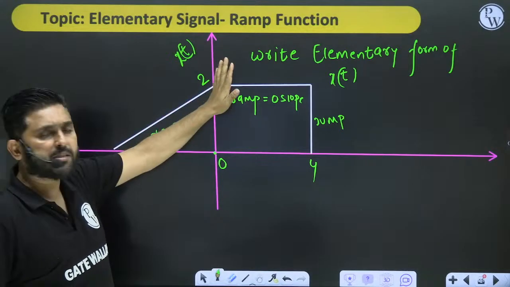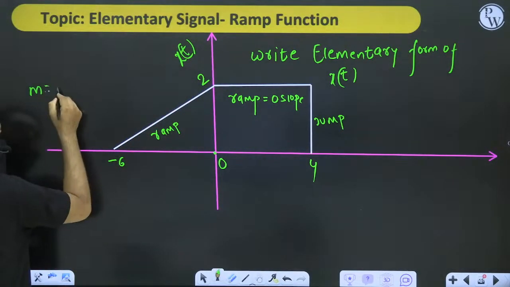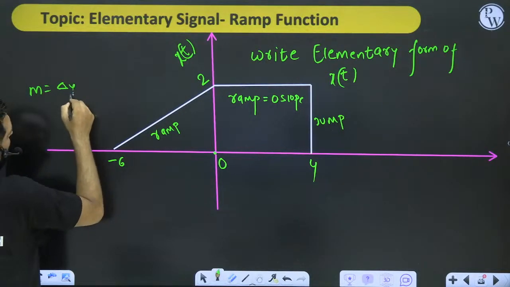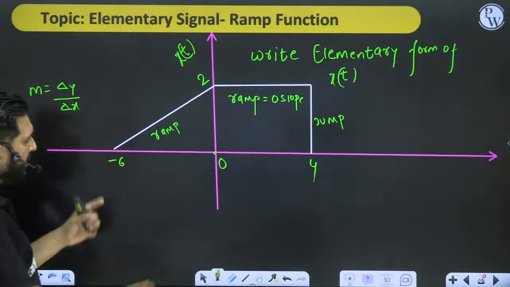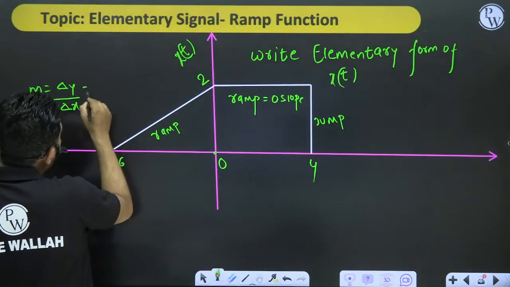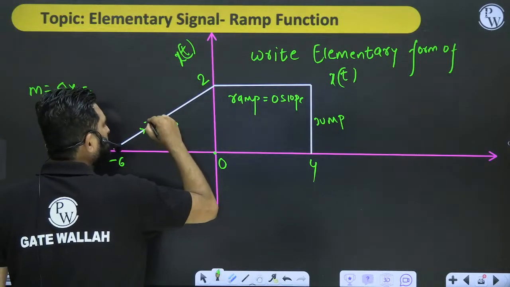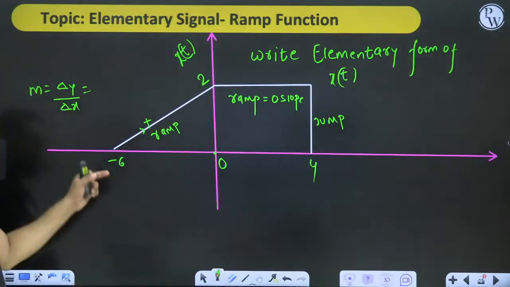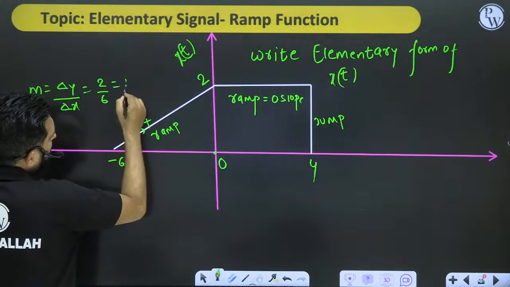What is the slope of this line? The line changes here. Slope is defined by m is delta y over delta x, change in y over change in x. See here. Change in y is 2, change in x is 6. Since this line is going towards +1, this should have 2 by 6, 1 by 3.